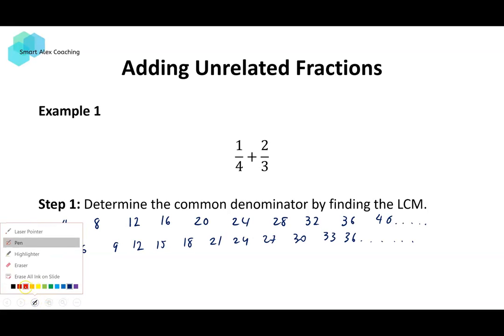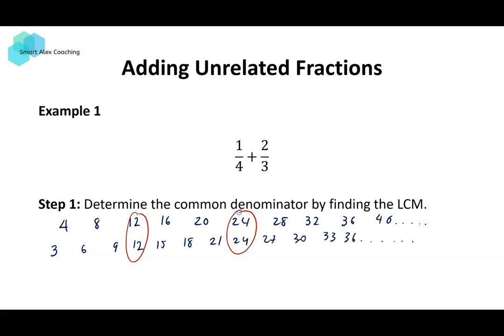Looking at the common multiples, we have 12, we've got 24 as well, and 36, but 12 here is our LCM, and we're going to choose this to be our common denominator.